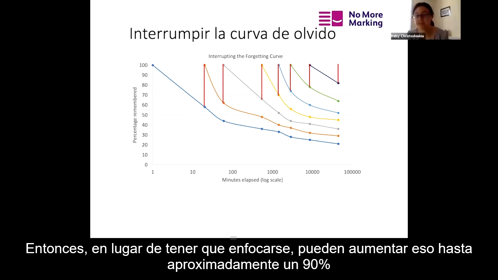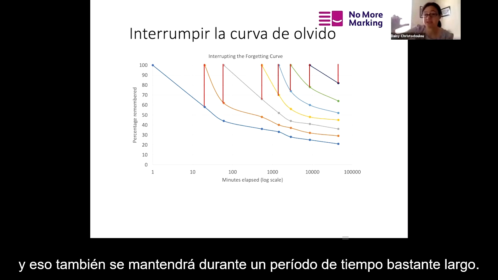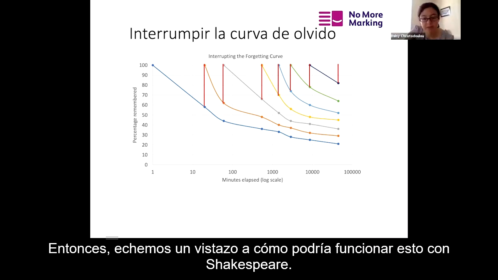So rather than having it decaying down to 30%, you can push that up to about 90% if you get about 7 or 8 recollections all spaced out, and that will then sustain over quite a long period of time too.